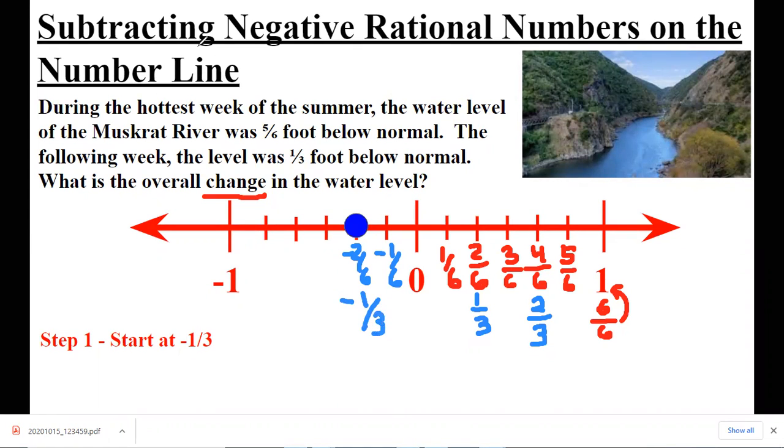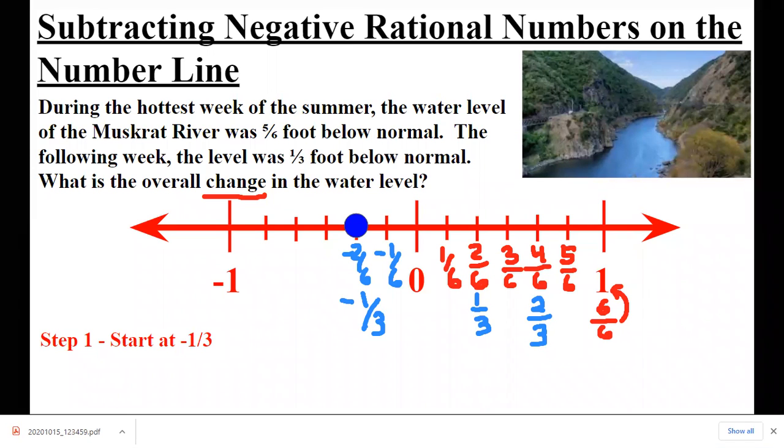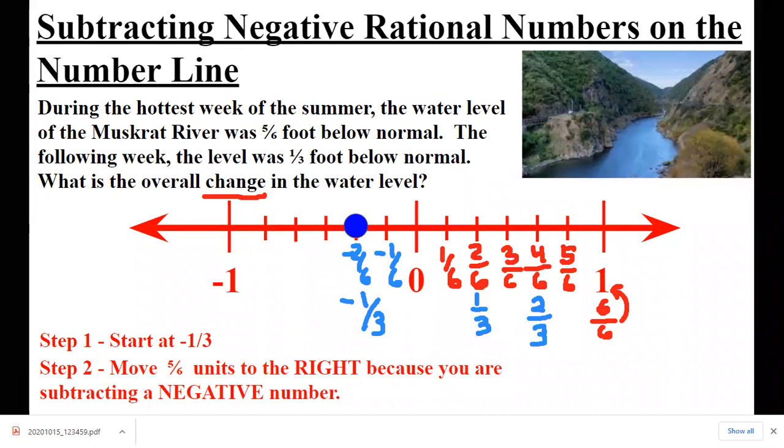And then what direction are we going to go? The following week, the level was 1/3 foot below normal. So is the water level going up or is it going down? We're going to move 5/6 to the right because you are subtracting a negative number. Now 5/6, let's count that out.